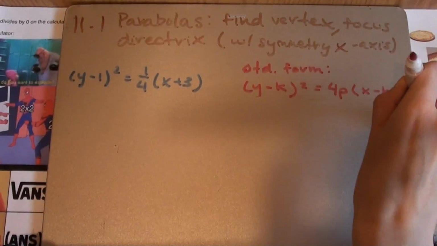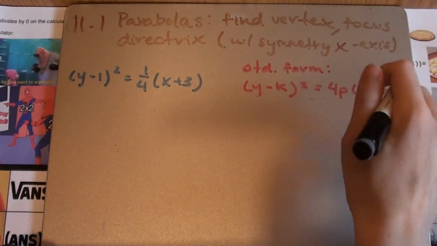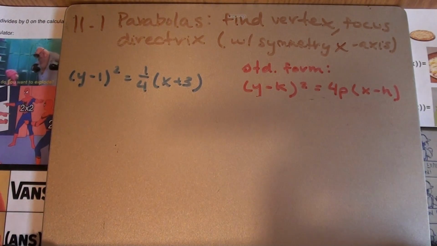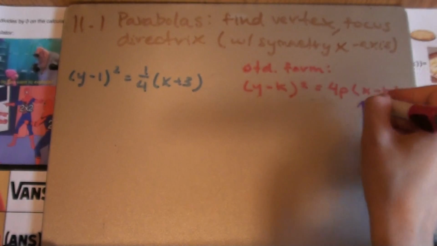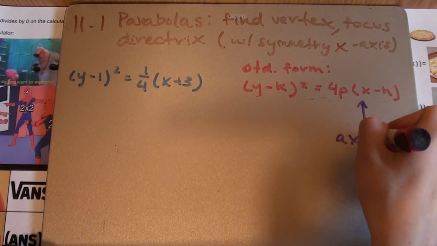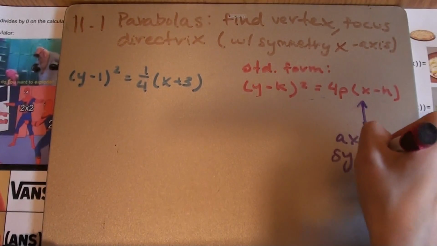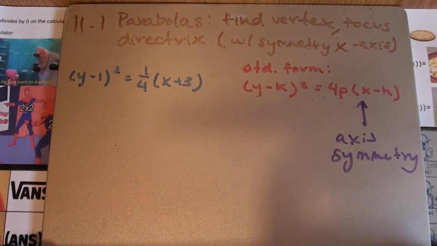What it tells us is that our axis of symmetry is always identified by this term right here, whatever is being multiplied by our 4p term. So we know how it's going to be shaped when we graph it later on.